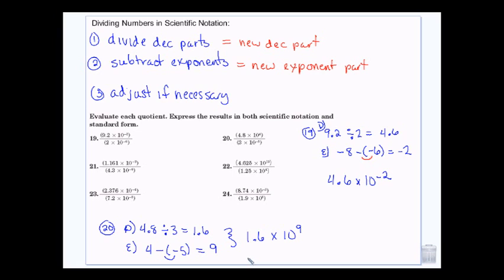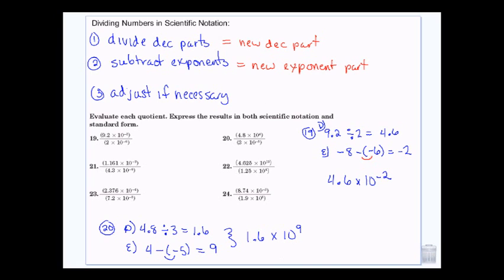I think that's 1.6. I just did it in my head really fast. Yeah, you're right. 16 times 3 is 48. It's one of the ones I just happen to have memorized.